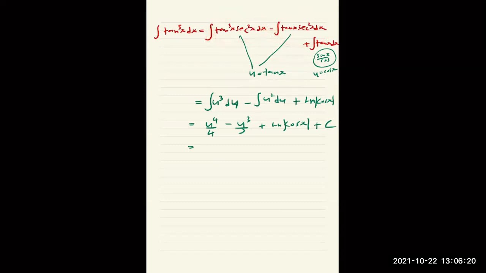So if I substitute tan x here, you get tan to the 4th x divided by 4 minus 1/3 times tan cubed x plus ln absolute value of cosine x plus c. That's your final answer.